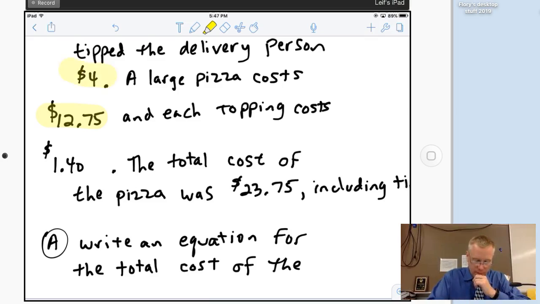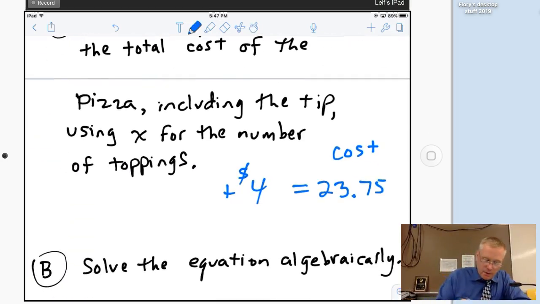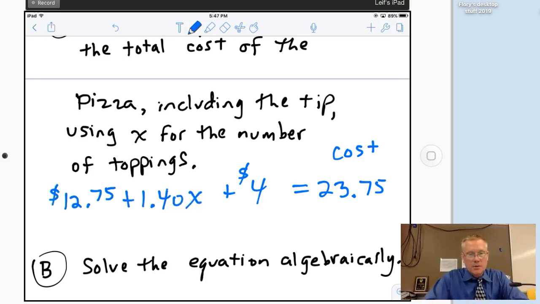I already tipped the guy $4, and each topping was $1.40. So $12.75 and $1.40. Now you don't know how many toppings I got, so that's where the x goes, okay? Which means that is the equation that you're looking to solve, okay?